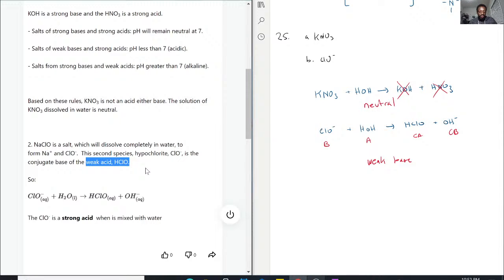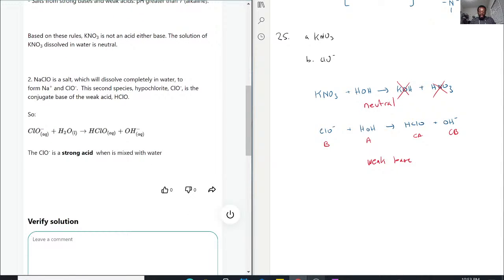So when you're a conjugate base of a weak acid, you're also most likely a weak base, because if you don't dissociate completely to one side, if I added the opposite, it also wouldn't dissociate completely to the other side. So typically a weak acid's conjugate is also going to be a weak base.